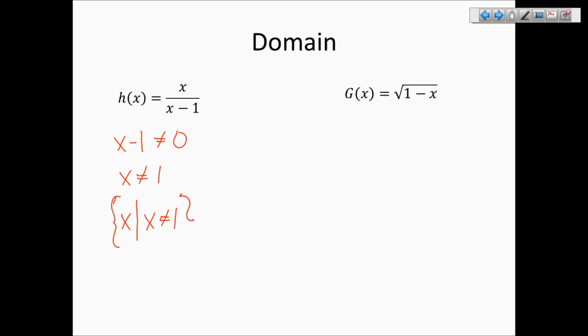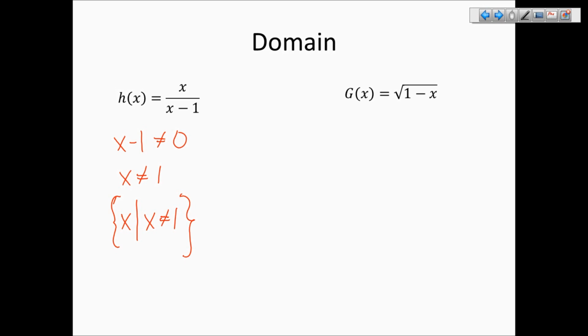Whenever we use an exclusion like this in set builder notation, we're excluding 1. It's understood by everybody that every other number is okay. That's why we start with all real numbers, because if x doesn't equal 1, then it must work.